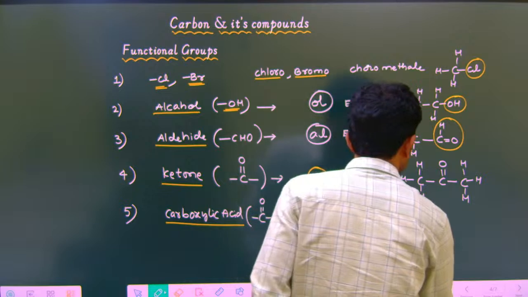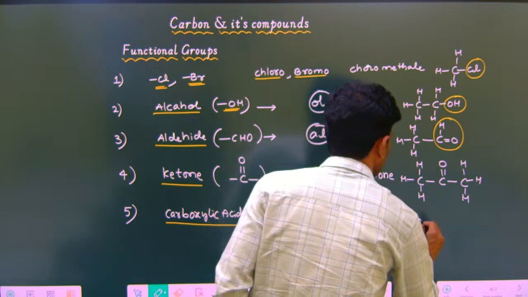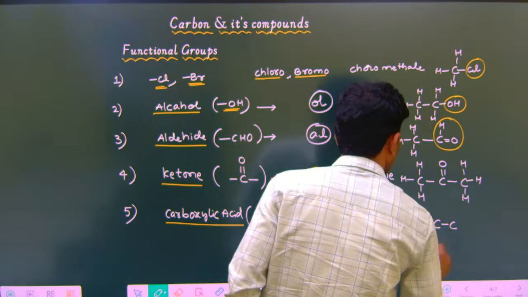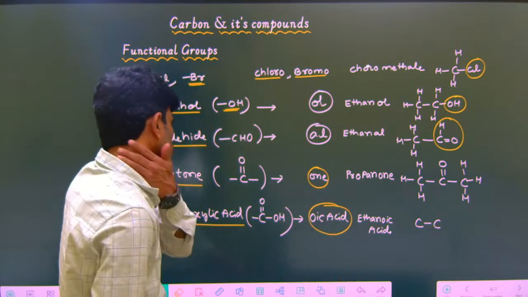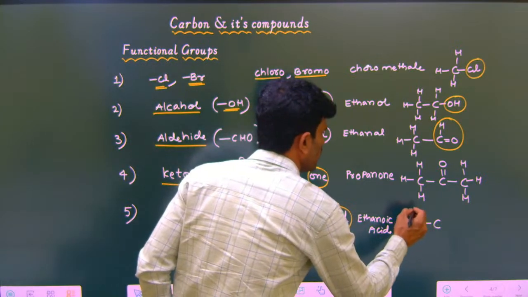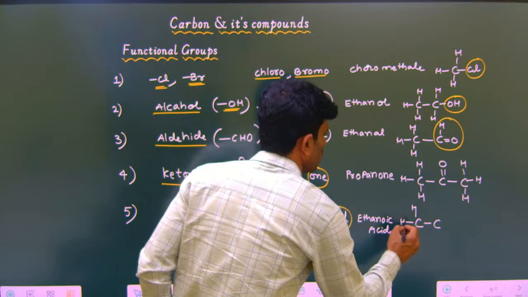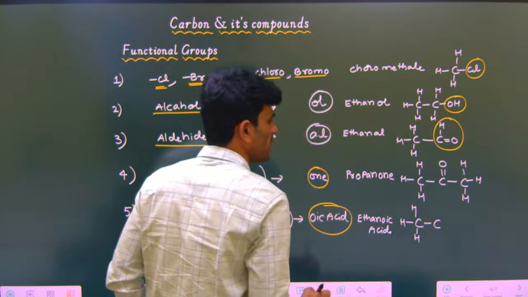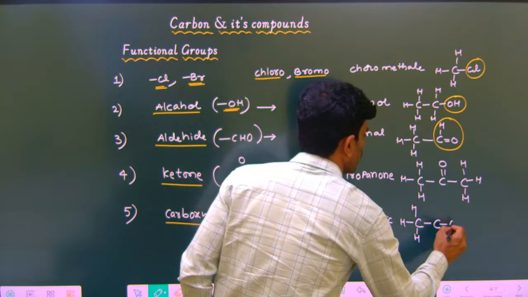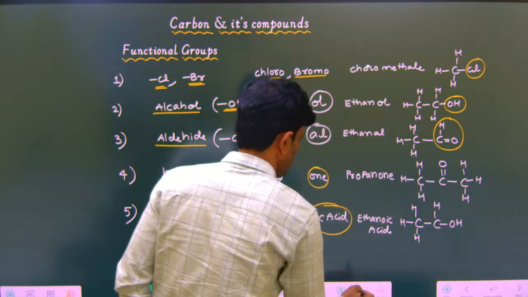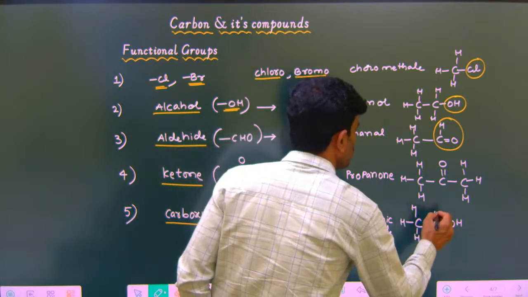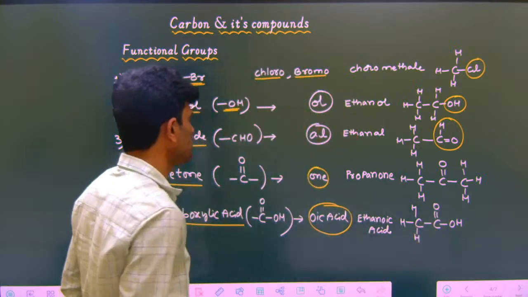Ethanoic means only 2 carbons will be there because it is eth. So here what happens? On the first carbon 3 hydrogens will be there as usual, but on the second carbon here OH, here it is O, double bond O. So what is it?